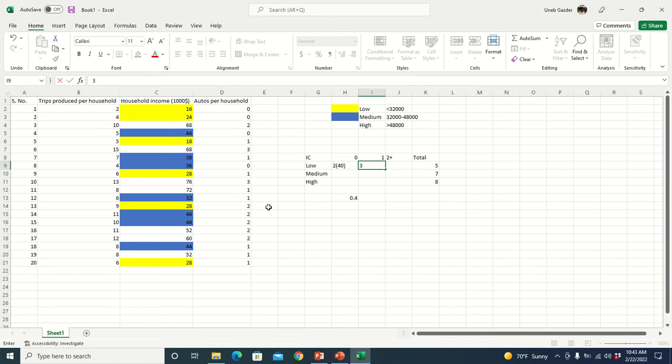The total of the low income category is 6, so I made a mistake here; this one should be 6. Then I need to correct this one as well: it is 2 out of 6, which is 33%. Then 3 out of 6 is 50%.